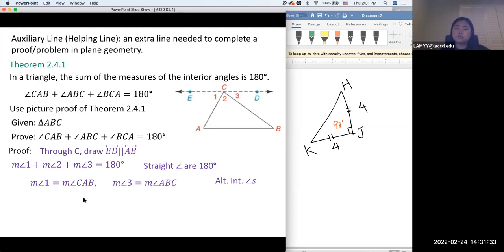And then, can I substitute into this equation? I know angle 1 equals CAB, so I replace angle 1 with CAB, and replace angle 3 with ABC here. So I'm going to get this. Substitution. Make sense to you guys?